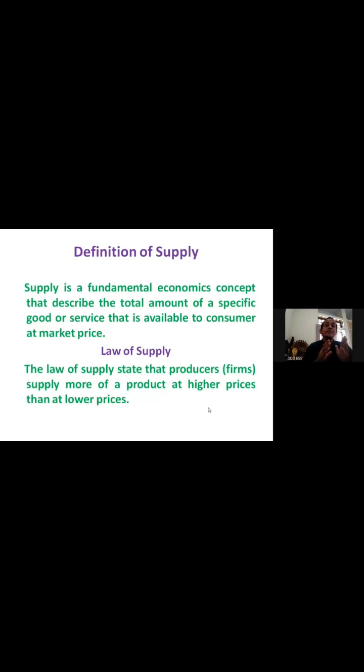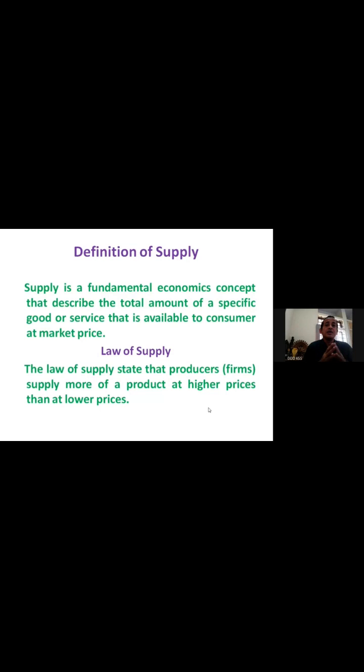What I am telling is also written on the slide. That means the total amount of goods available in the market at a market price for consumption or purchase purposes can be considered as the supply of a particular good or service.